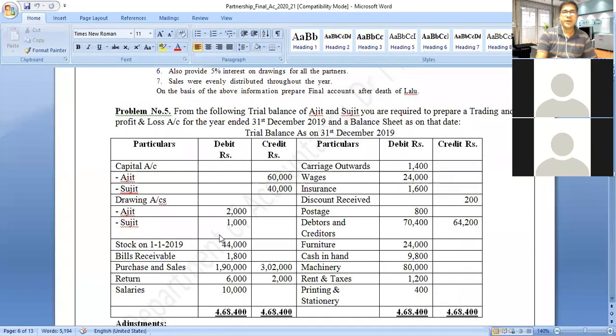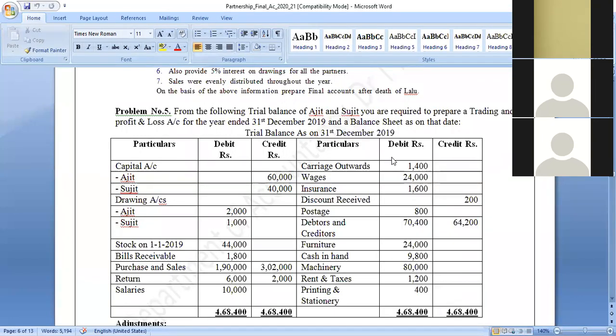Salaries we will record on the profit and loss account debit side. You have to keep this in mind. Then after that, carriage outward we have to show in our profit and loss account, debit side.